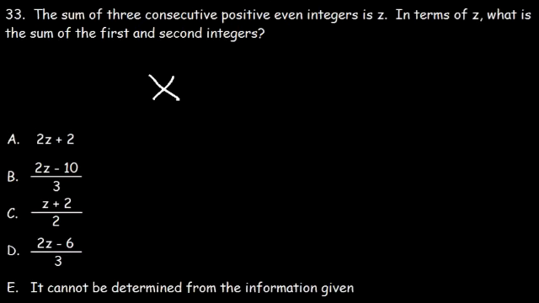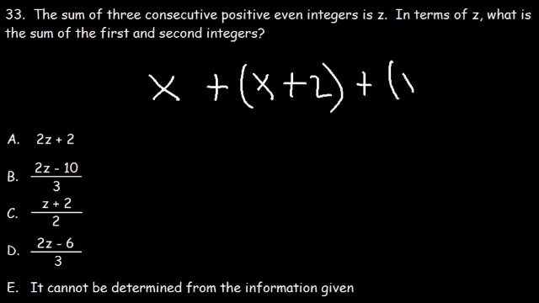Therefore, the second one will have to be x plus 2. The second one is 2 more than the first one, and the third one is going to be x plus 4. So let's say if x was 8. 8 plus 2 would be 10, and 8 plus 4 is 12. So as you can see, these are consecutive positive even integers.